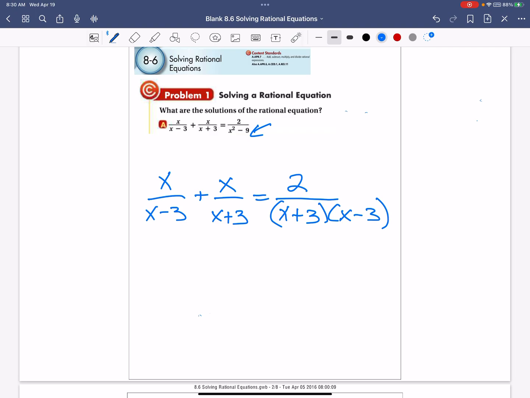So the whole purpose of what we're doing here is trying to cancel out the denominators of all three of these fractions. So what we do, we learned in the last section how to get that common denominator. So we're going to multiply all the numerators by the common denominator. So what it looks like is this. Our common denominator, if we look at this thing, is x plus 3 and x minus 3.